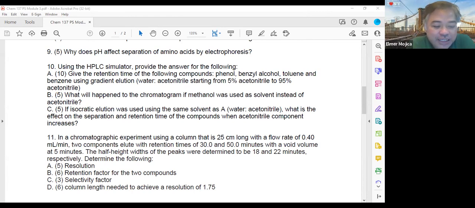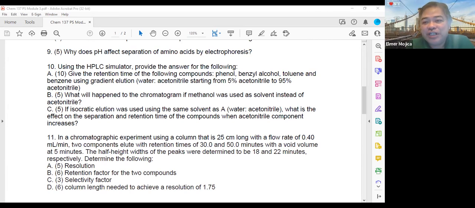Depending on the pH, you will have either a positive or negative charge. Usually at lower pH, you have a positive charge. At higher pH, you have a negative charge. Because of this, that's one way to separate one amino acid from the other.